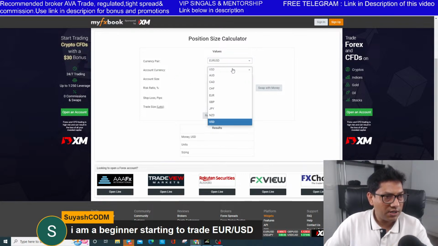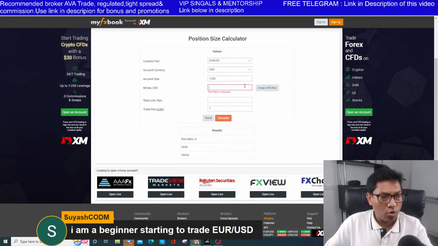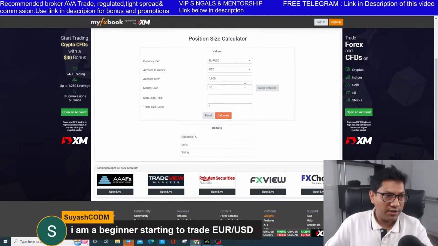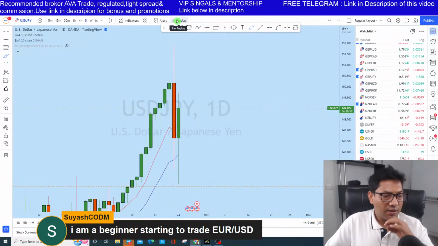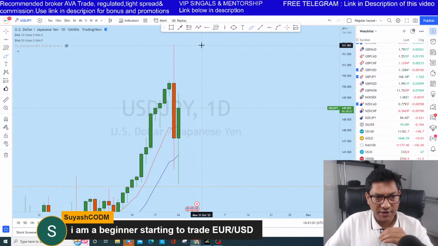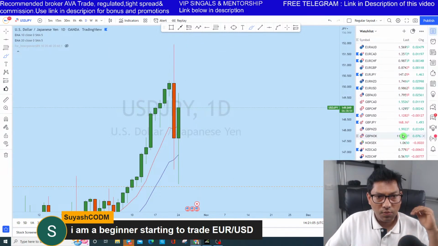Your account currency could be anything, assume USD. Account size, if you have 1000, risk percentage, you can switch to money or do it by percentage. Let's say you want to risk $10, stop loss pip, let's say 25 pip as an example, and then it says that 0.04 lot you need to buy or sell to lose $10. This is the most important part in your trading, that you need to know how much you're gonna lose.